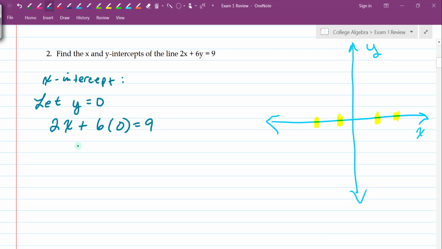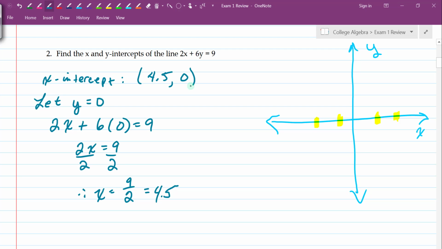That's going to become 2x is equal to 9. Divide both sides through by 2. Therefore, x is equal to 9 halves, or 4.5. Doesn't matter, whichever one you want, 4.5. So our x-intercept is going to be a point with the x value equal to 4.5, and our y is equal to 0.